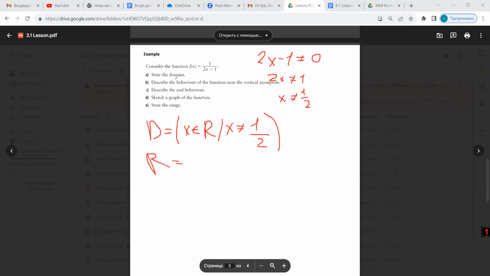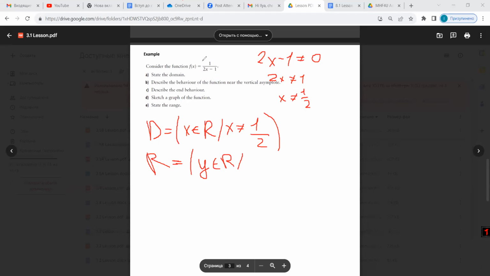The range of such a function would be respective. So y, e, r. But now we have to check for horizontal asymptotes. When x travels to negative infinity, what would happen? We would have an incredibly small negative number.